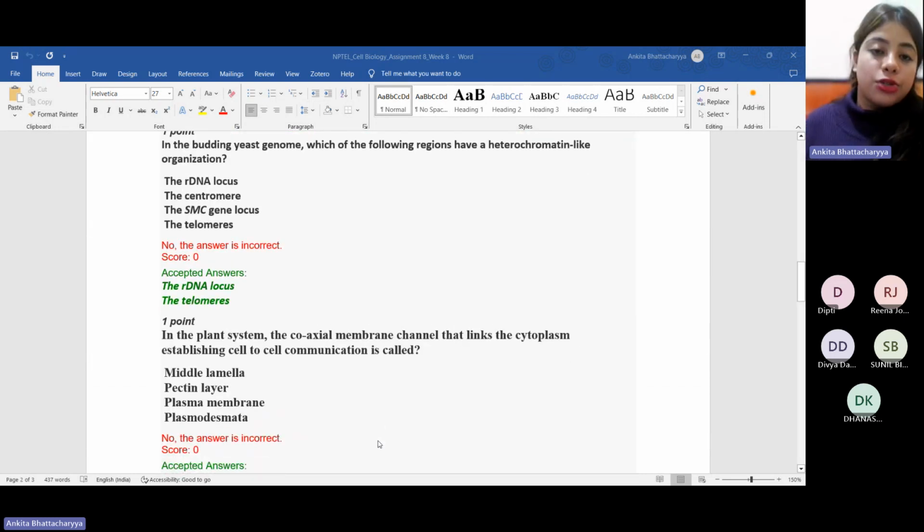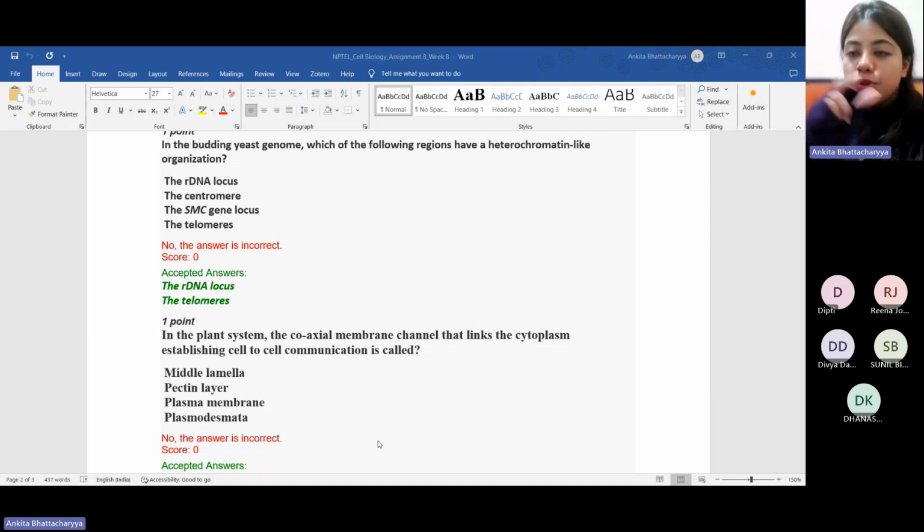In the budding yeast genome, which of the following regions have a heterochromatin-like organization? We discussed the budding yeast genome in detail today. There are four options here: the rDNA locus, the centromere, the SMC gene locus, or the telomeres. Of course, the telomeres do have a heterochromatinized locus, but the rDNA locus is also a correct answer to this question.